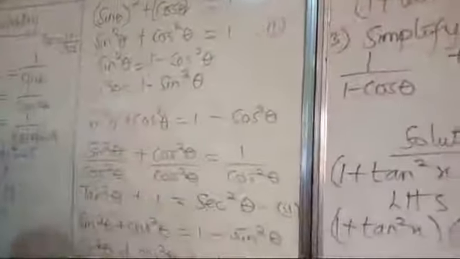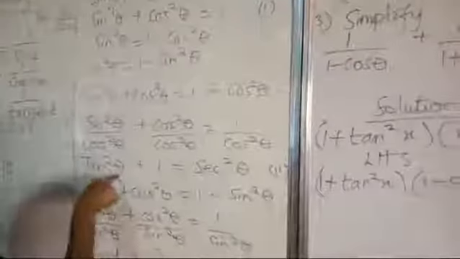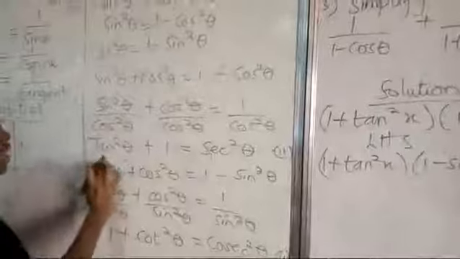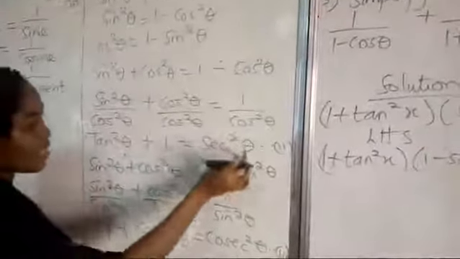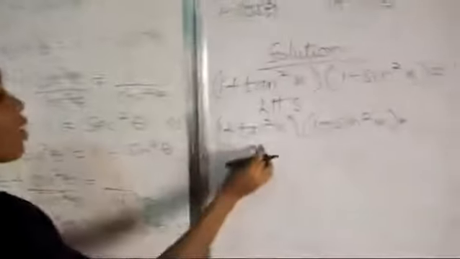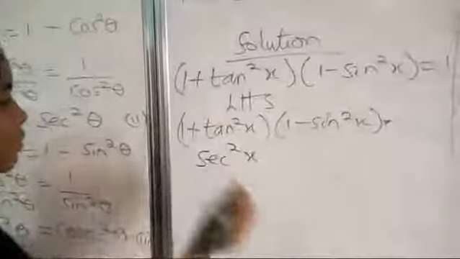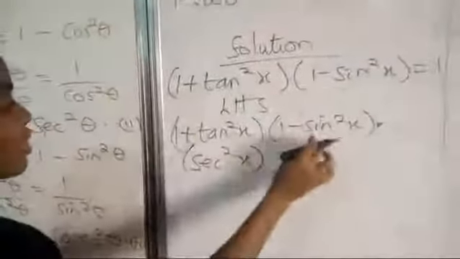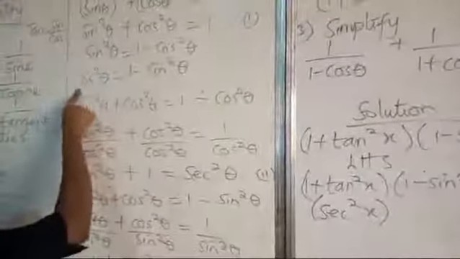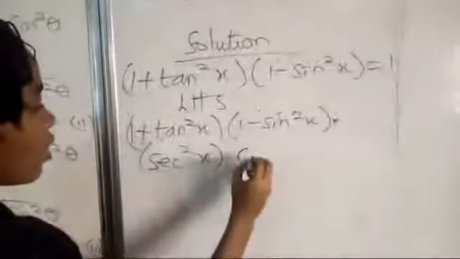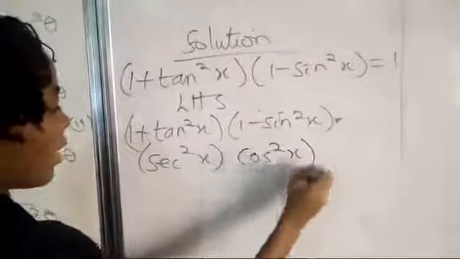So what we are just doing is just to replace. Remember, the angle does not matter, so you just replace it with x. So since tan squared theta plus 1 is sec squared theta, 1 plus tan squared x will be what? Sec squared x. The second one, 1 minus sine squared x, you can see it here is equal to what? Cos squared theta. So you just replace it. Since it's not theta, cos squared x.